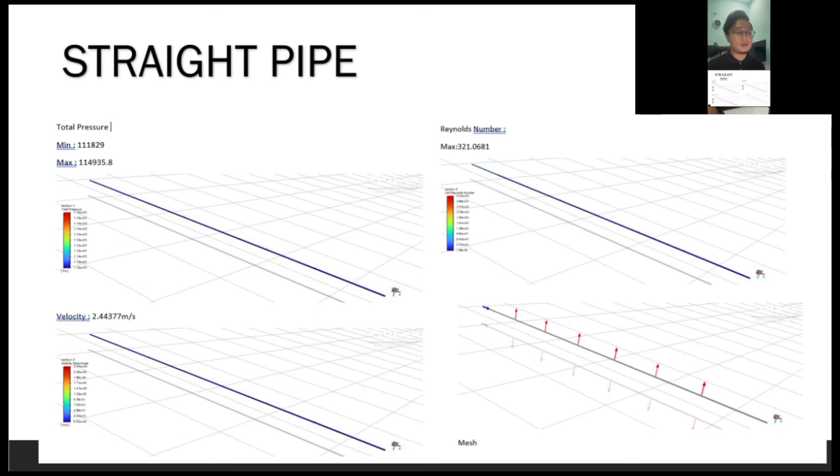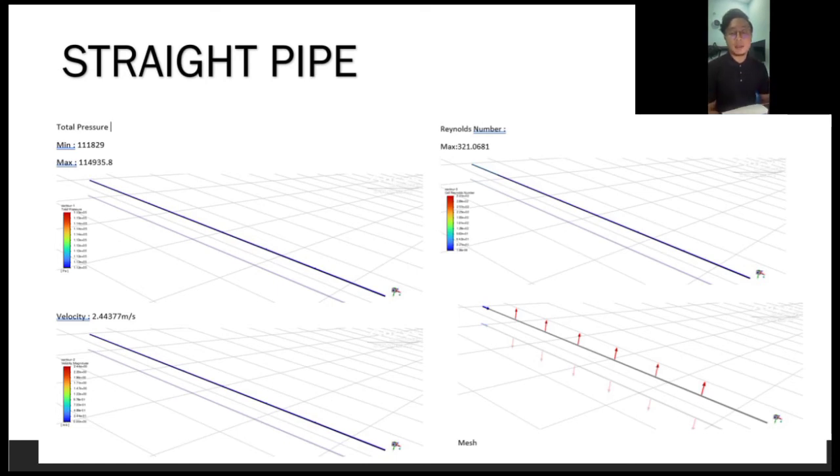Second is Reynolds number. The maximum of Reynolds number for straight pipe is 321.0681. And the last contour is velocity. Our velocity for straight pipe is 2.44377 meter per second. And the last picture shows how we mesh our straight pipe.